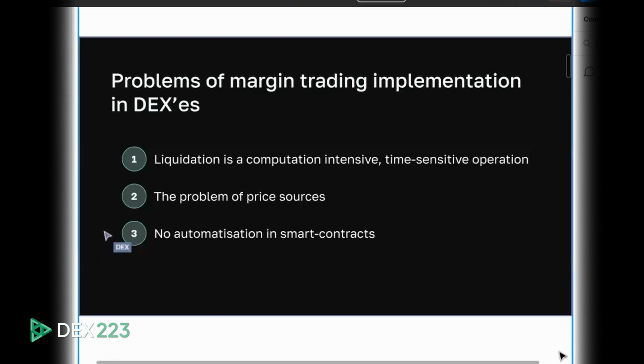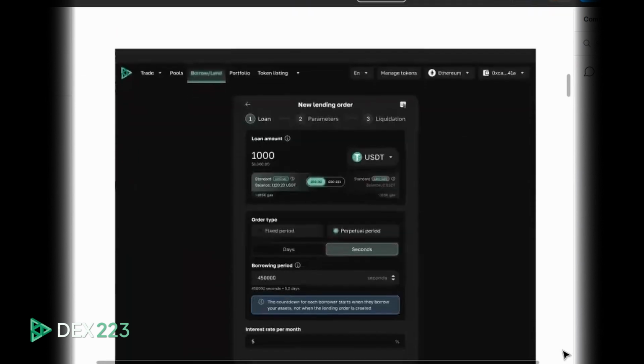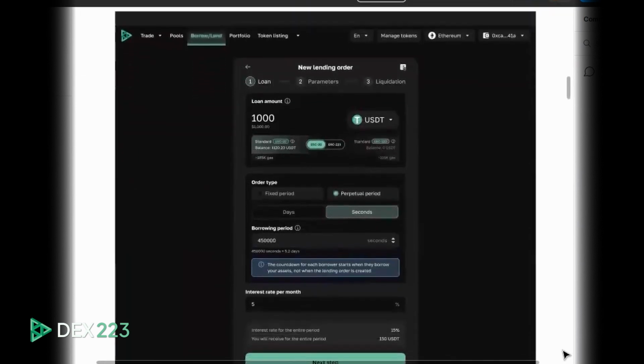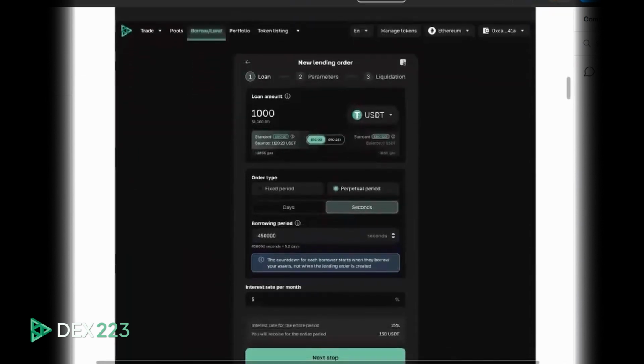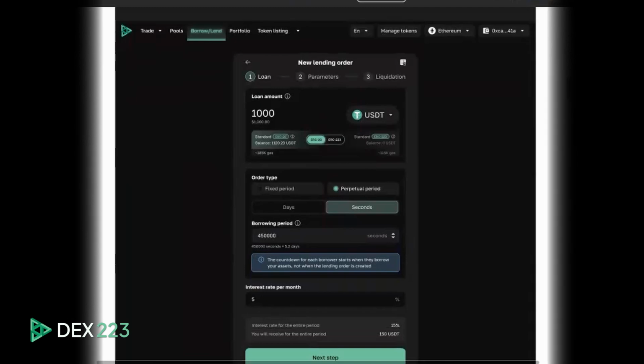And all the risks of not executing the liquidation properly are placed on the lender. So if the lender provided you with some sort of money for your position to trade, if it is time to liquidate your position and it will not be liquidated on time, then the price can decline even more than what is expected to be used for liquidation.